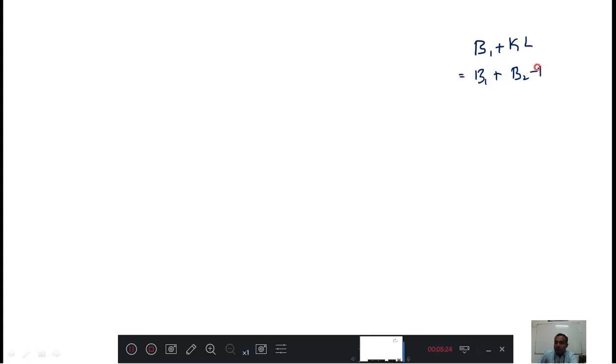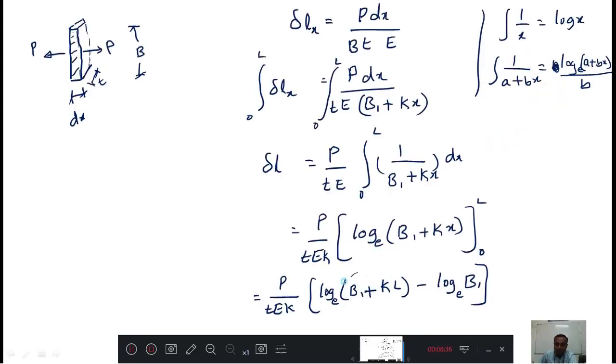K is B2 minus B1 by L, into L. Therefore L and L cancel, B1 and B1 also cancel. B2 means in the entire place I can write B2.